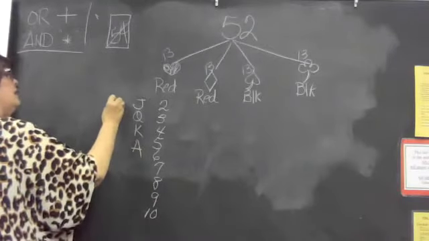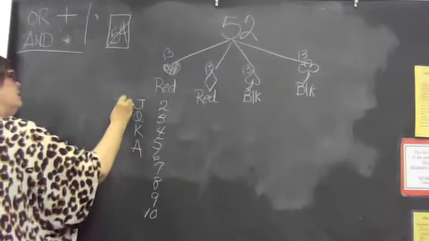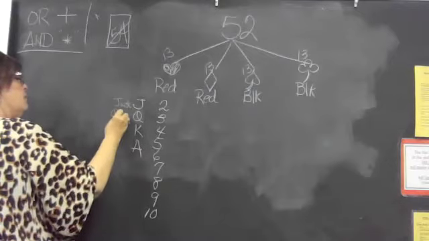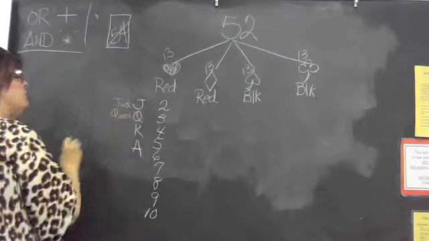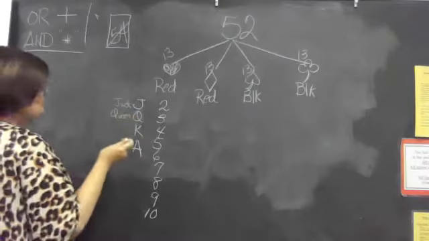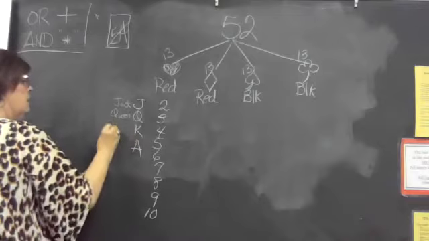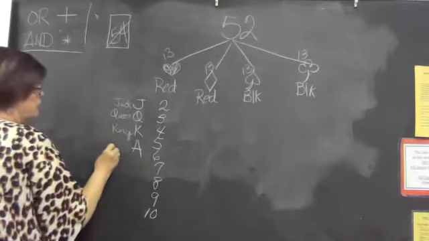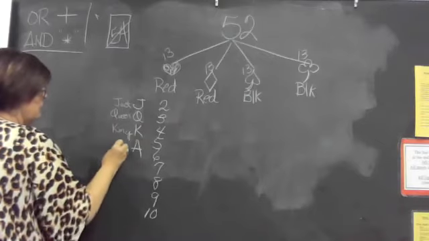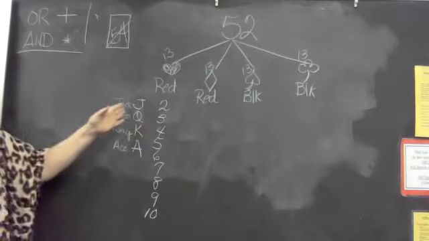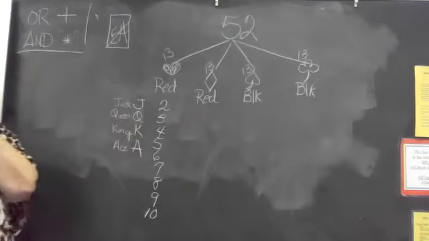Okay, this is a jack. Sounds like we're going to play poker, doesn't it? But they keep asking you stuff like face cards and how many red kings and that kind of stuff. So you need to know what we're talking about, and it might not hurt you to get a deck of cards and look at them, okay? This is called a jack, and it has like a royal face on it, you know.